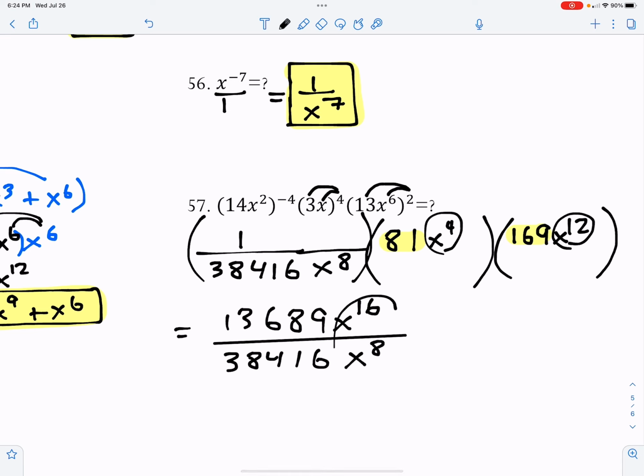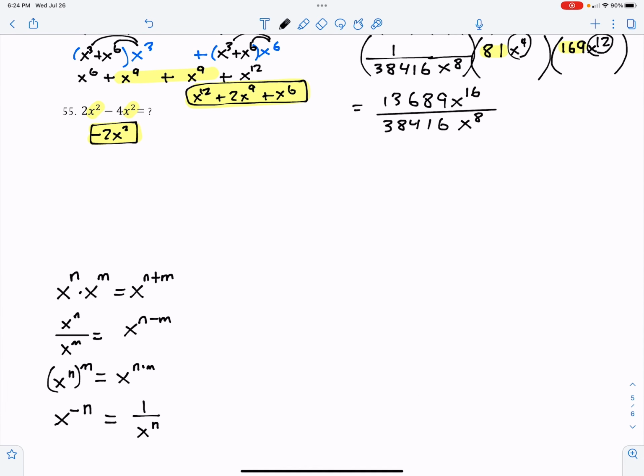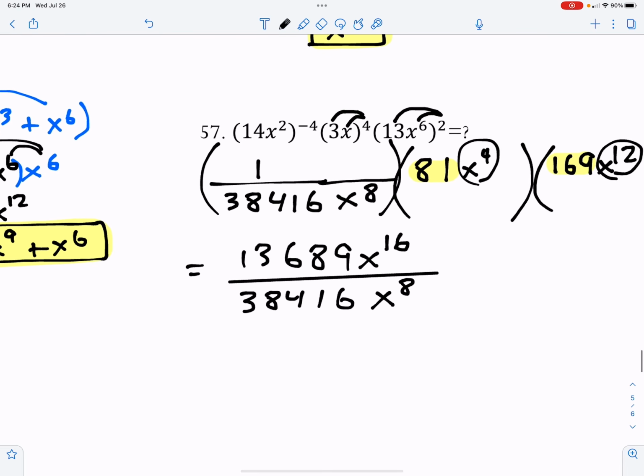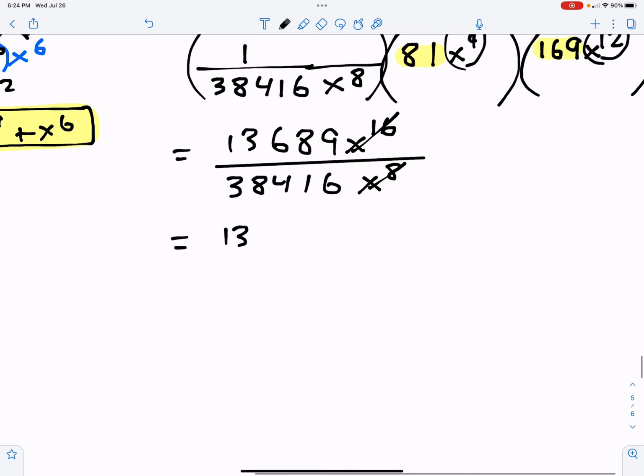Now, if you're dividing the same base, if you remember here, we subtract the exponents. Basically, 8 of these are going to cancel with 8 of these. If you really think about it, it's going to be x times x times x times x times x times x times x.